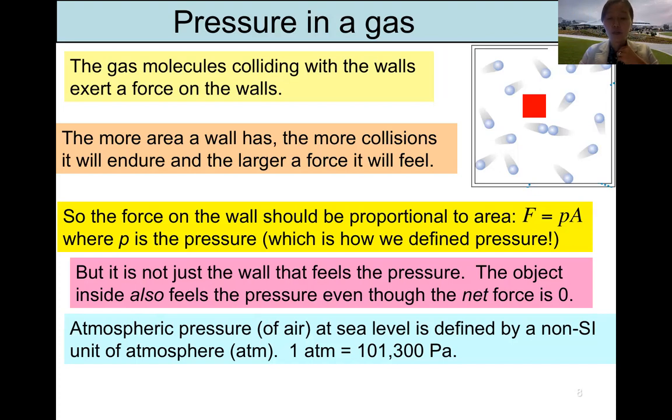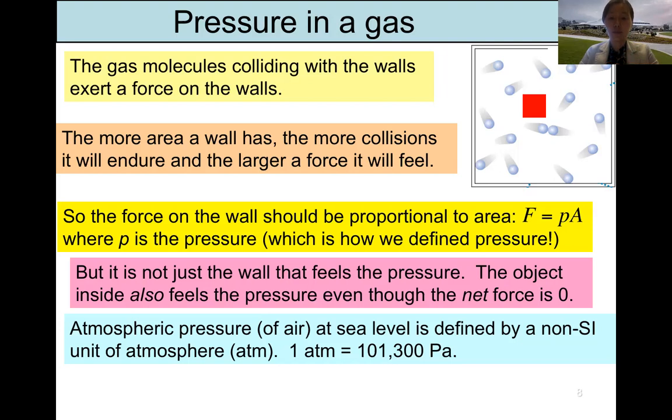Our atmosphere, we're living on Earth, our atmosphere at sea level has a certain amount of pressure, and we call it 1 ATM, 1 atmosphere pressure. That is equal to 101,300 Pascal. So that much pressure is what we experience on Earth at sea level.